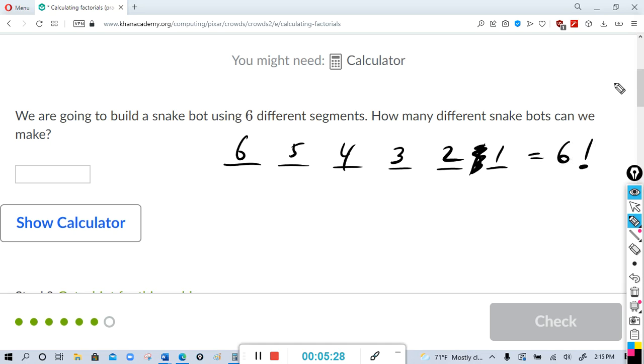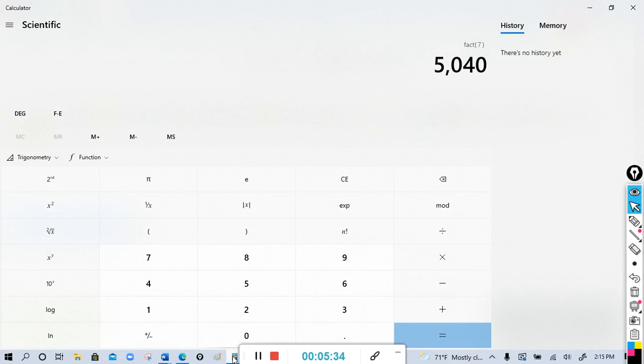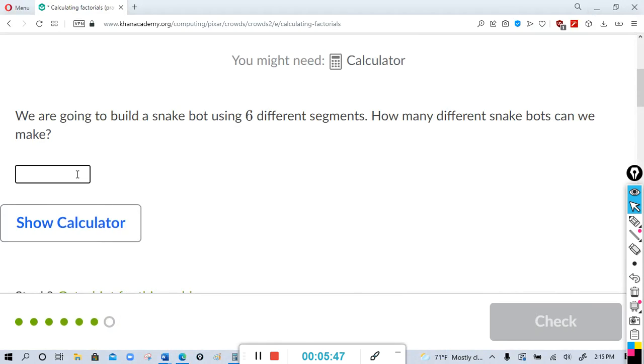So you just do that on the calculator. Click 6 and then hit the exclamation point, and that equals 720. So you just enter that in the box.